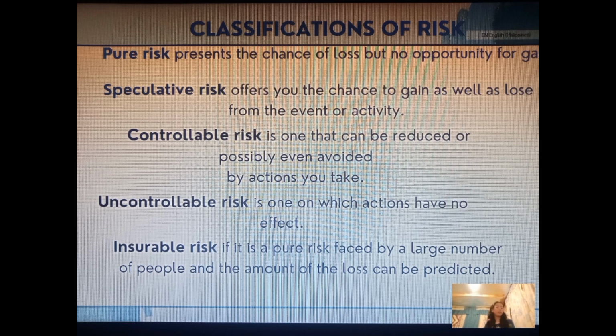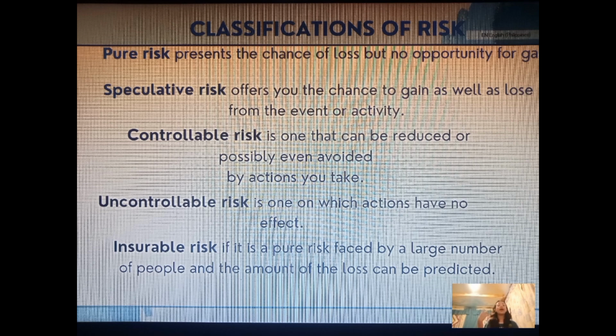Kung meron tayong controllable, meron din tayong uncontrollable risk. This refers to the type of risk that cannot be managed or mitigated through actions or measures within an individual's or organization's control. So, itong risk na to ay typically external factors or events that occur independently of any actions taken by the affected party, and they cannot be influenced or altered by proactive measures.